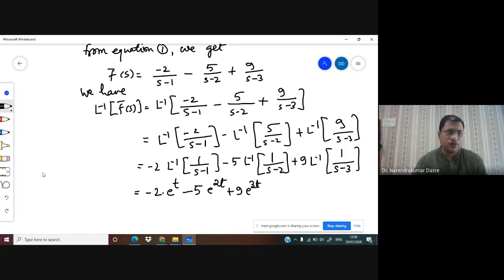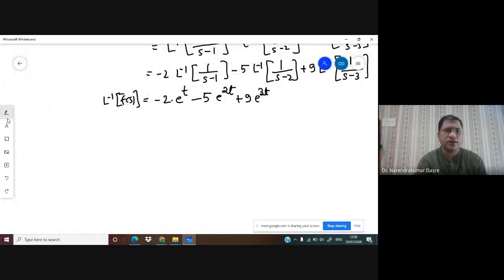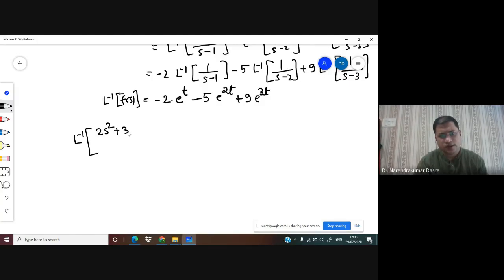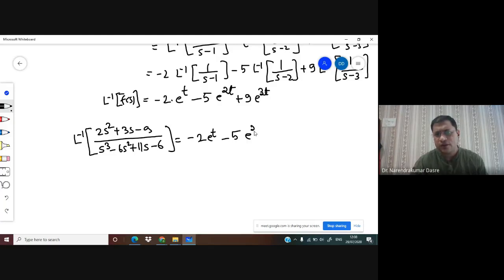Okay. So this way we are able to get the inverse Laplace transform of f bar of s. Or actually, what we calculated is the Laplace inverse of 2s square plus 3s minus 9 upon s cube minus 6s square plus 11s minus 6, and this Laplace inverse is minus 2 e raised to t minus 5 e raised to 2t and plus 9 e raised to 3t.